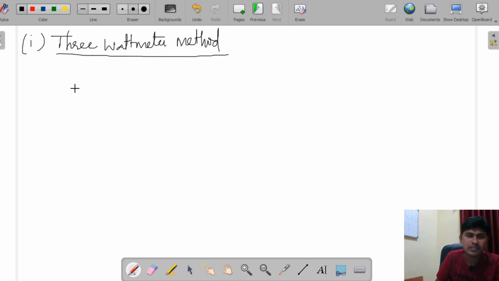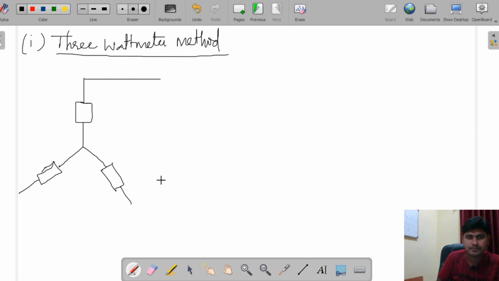First let me draw the three-phase load. Z1 is the impedance of this phase, Z2 is the impedance of this phase, and this is Z3.